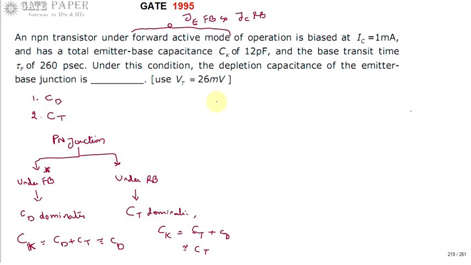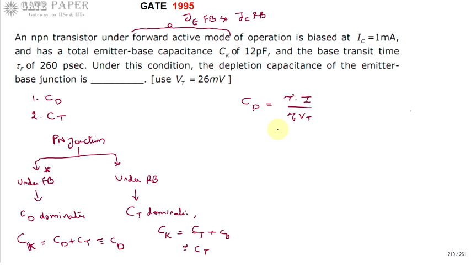Okay, now first of all we will estimate the diffusion capacitance. Diffusion capacitance CD is given by the equation tau I by eta Vt.